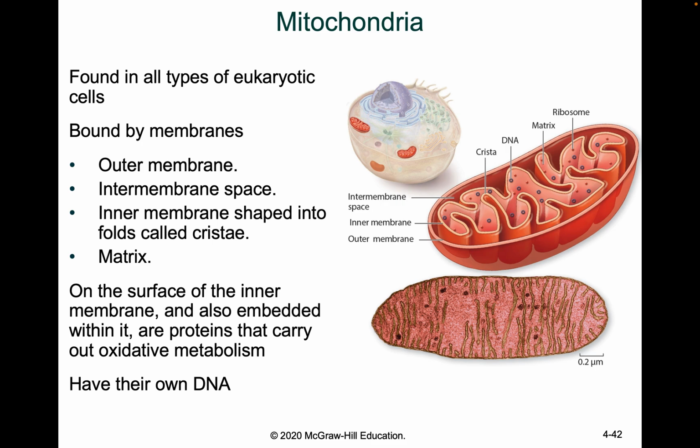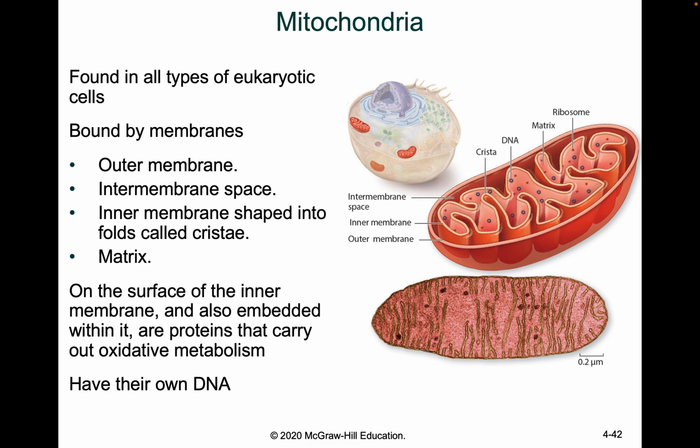Remember these locations, because when we get to chapters 7 and 8 and start talking about how we create ATP in the mitochondria, these reactions will occur in certain locations. So it's good to know what we mean by the matrix, the crista or the intermembrane space. Keep that in mind.